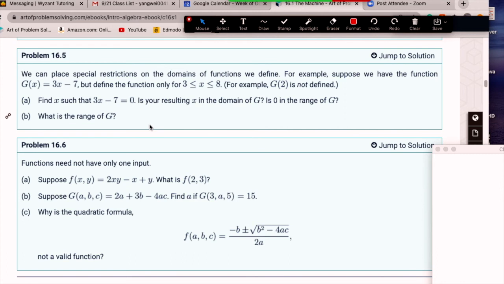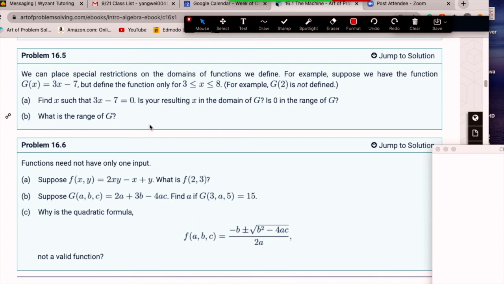For example, suppose we have this function g(x) equals 3x minus 7, but we define the function only for when x has to be between 3 and 8. So by this, x definitely cannot equal 2, which means g(2) is not defined. When x equals 2, you cannot get the g value because x equals 2 is already out of this domain, right?